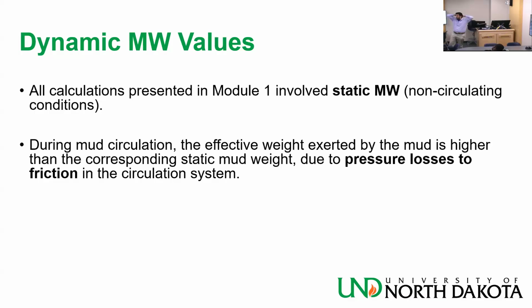If I'm pumping mud down and it's coming up at zero pressure, that means I'm giving it enough pressure when I'm pumping it to be able to make it back to the surface. So I'm giving it all the pressure that it's going to lose to friction. Because remember, I'm pumping it from the surface and I'm going to get it back at the surface.